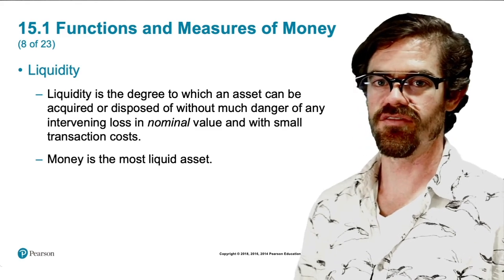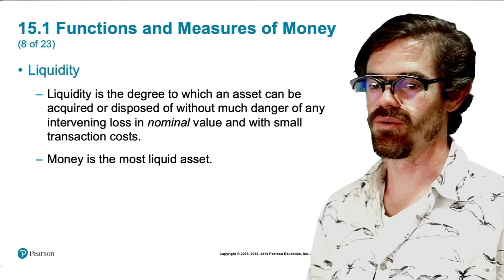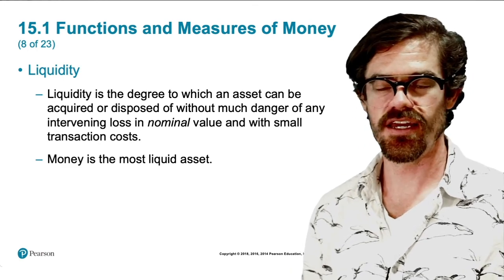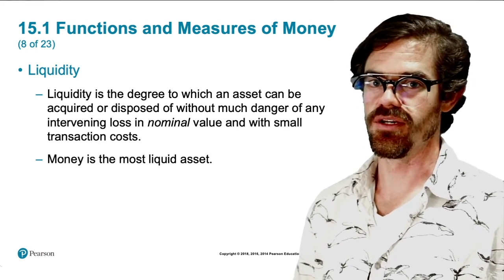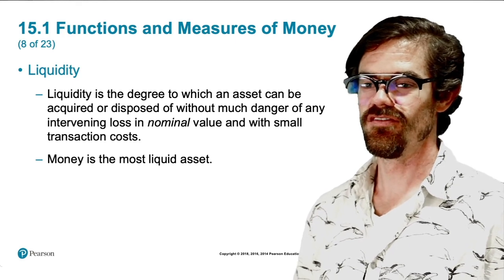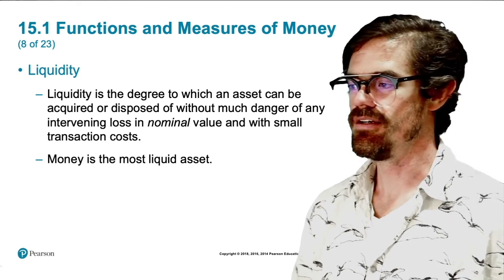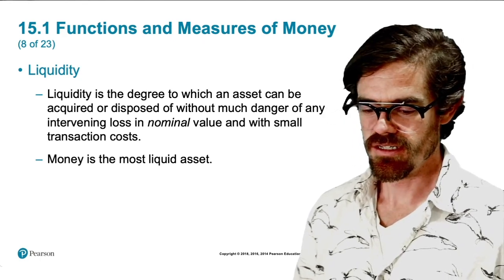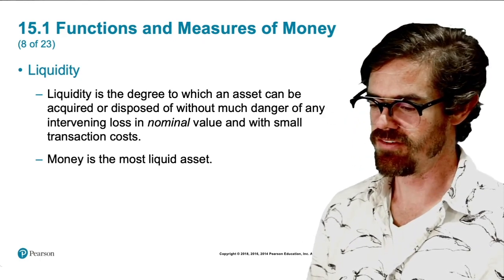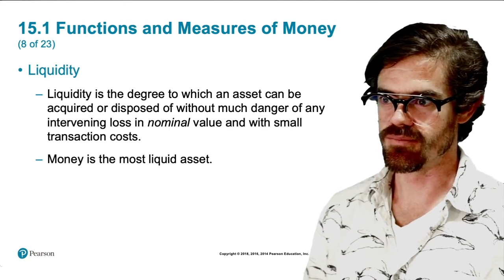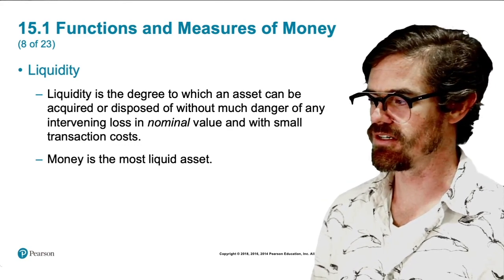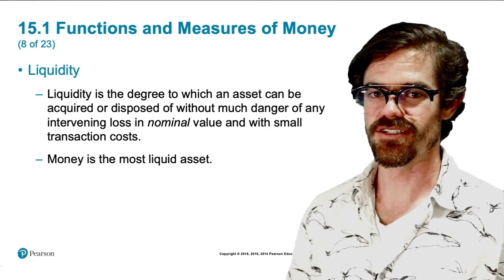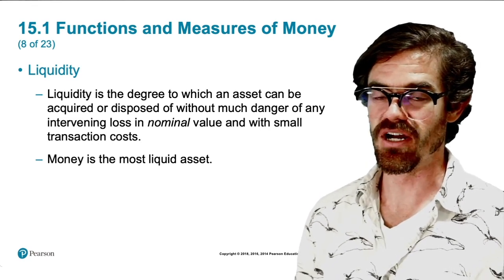So houses are not very liquid, cars are not very liquid, but a check or a checking account is very liquid. It's very easy to turn funds in a checking account into money. Traveler's checks are very liquid. Stocks in the stock exchange are pretty liquid. But money is the most liquid asset because money is money already.